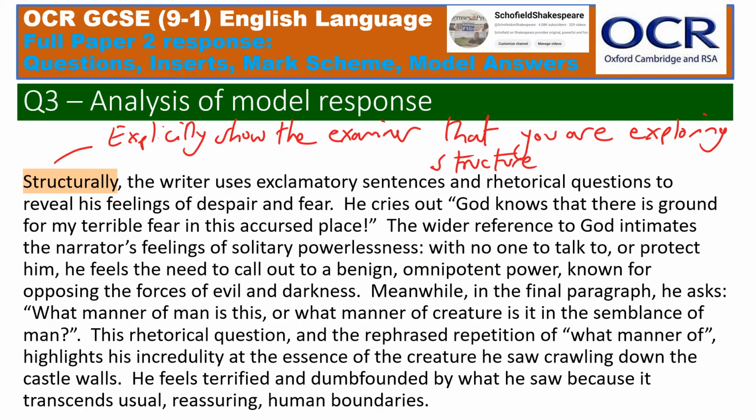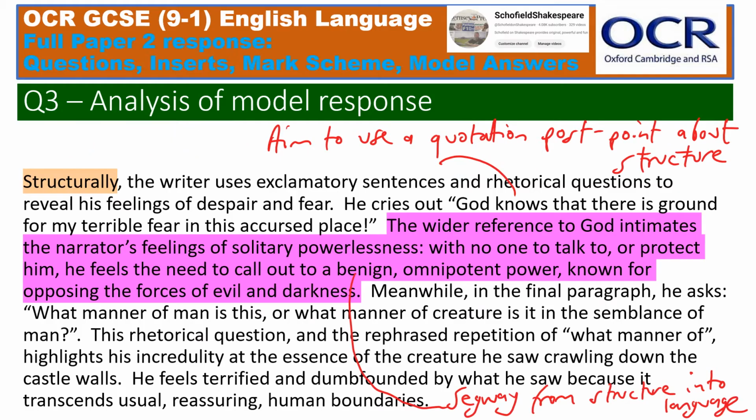With this in mind, it's always a good idea to kick off at least one paragraph with "structurally", as I do here. Note also that it's worth quoting when exploring structure. Previously, I segued from exploring language into exploring structure. Here, I do vice versa and explore the effects of the wider reference to God.